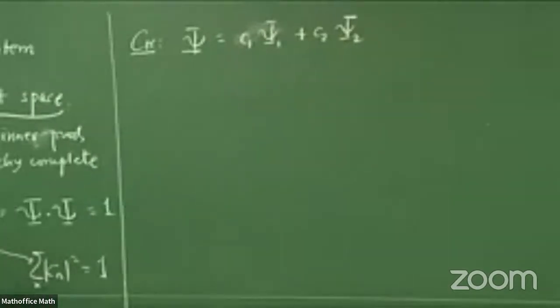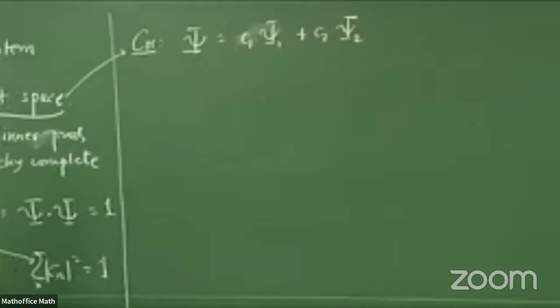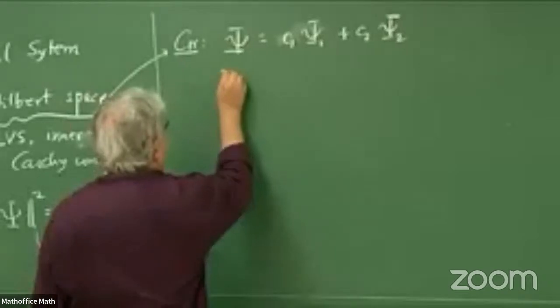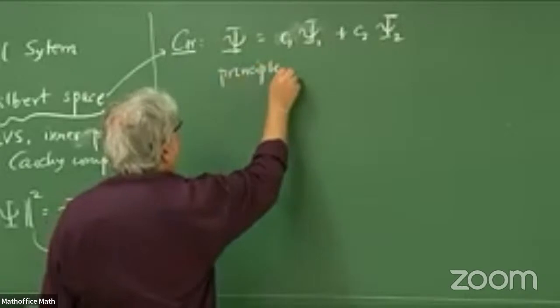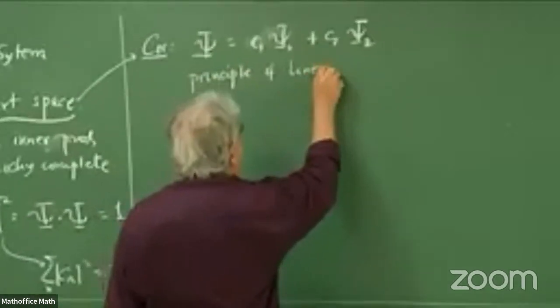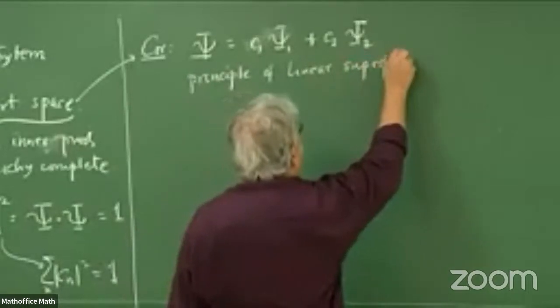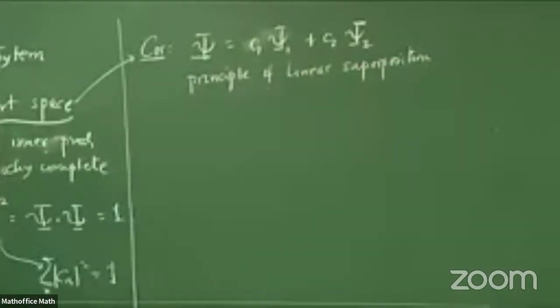It belongs to the Hilbert space. It's not really a corollary, it's just part of the Hilbert space axiom. But this result is known as the principle of linear superposition. That's the physicist language for this.